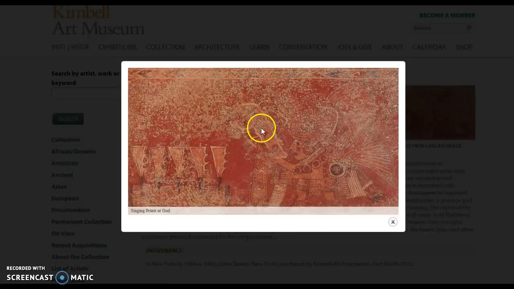So there are little images in here. There's a bird right here, and so forth. I found this one was really cool. The ritual practices just came more alive.